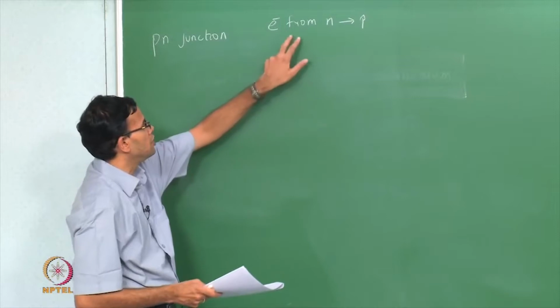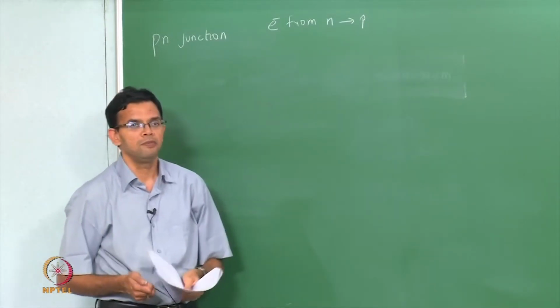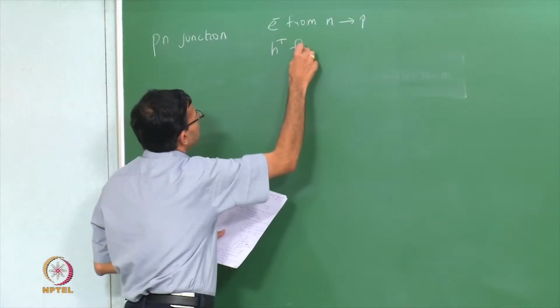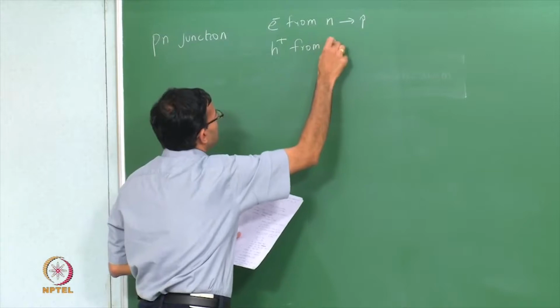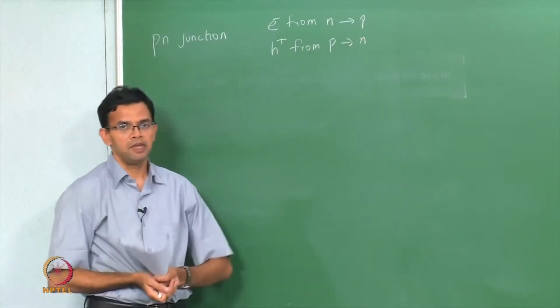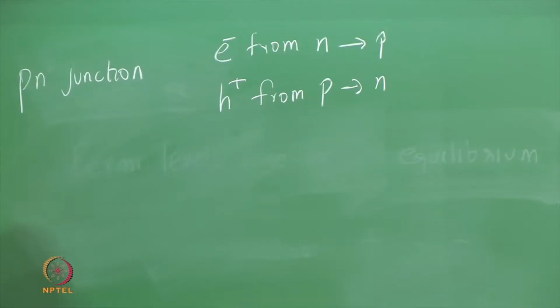The higher concentration of electrons is on the n side and this moves into P. Similarly, we have holes which move from the P side to the N side, and when these meet, they recombine and form a depletion region.